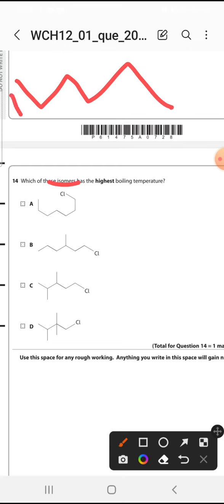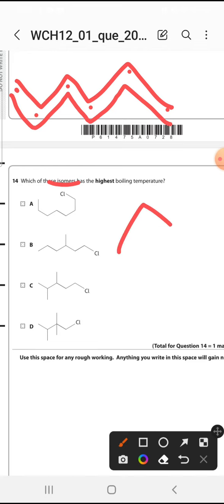If it is unbranched, when you pack the molecules together, you get the highest number of points of contact. When molecules get branches, you have fewer points of contact, and the most highly branched one has the least.